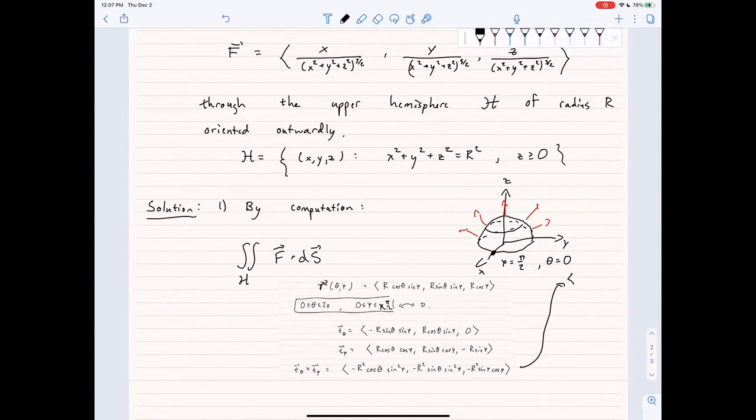What's cosine of 0? 1. So what do I get here? I get negative r squared. Sine of 0 is 0, and cosine of pi over 2 is 0. So I get this. So my vector that I'm getting from this is pointing like that. Is that okay?